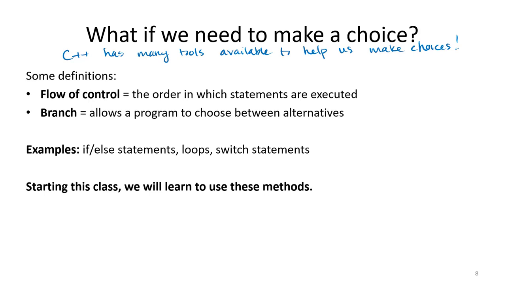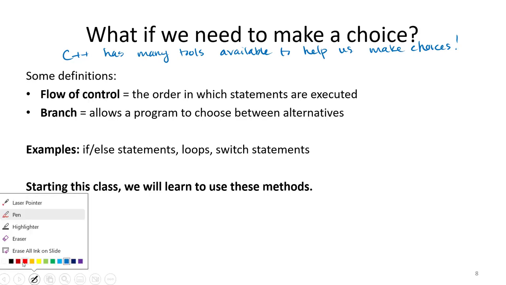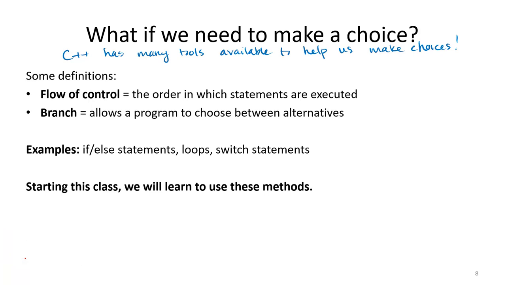And so we actually have some formal definitions for these tools. Flow of control is a term which refers to the order in which our program statements are executed. And then a branch is basically a choice.